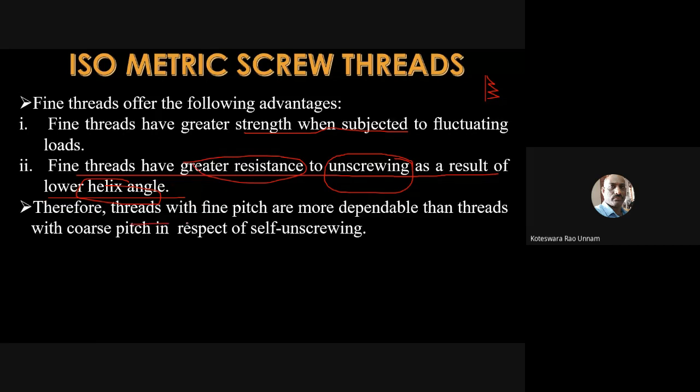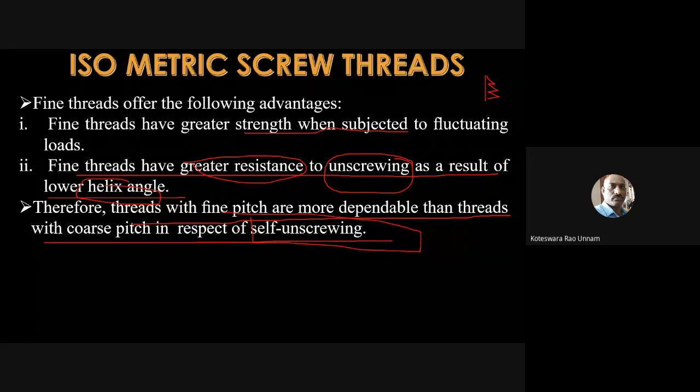Therefore, threads with fine pitch are more dependable than threads with coarse pitch with respect to self-unscrewing. Like we already talked about self-locking, if you want to avoid self-unscrewing in a connection, then you need to go for these fine series threads.